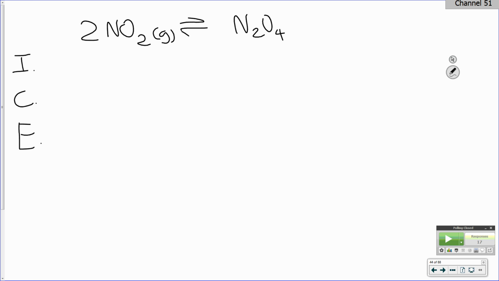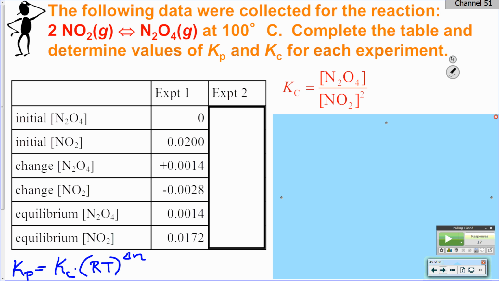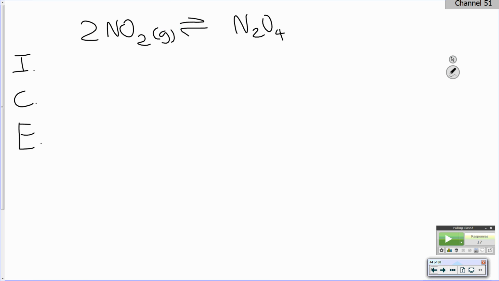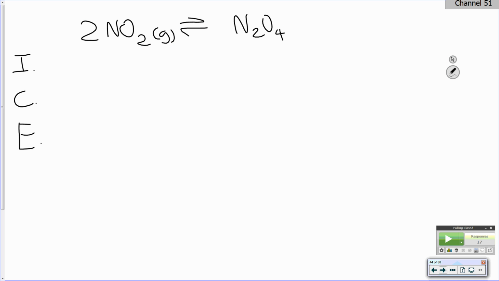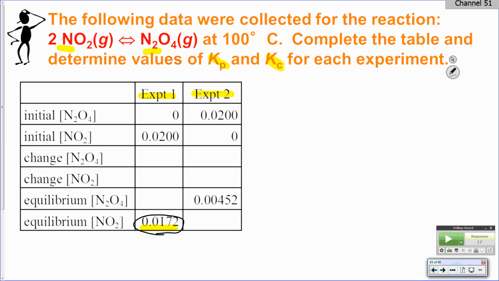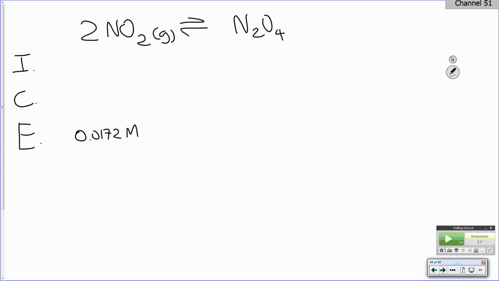What we know in this one is the value of the reactant at equilibrium is 0.0127 molar, and it told us the initial concentration was 0.02 molar.